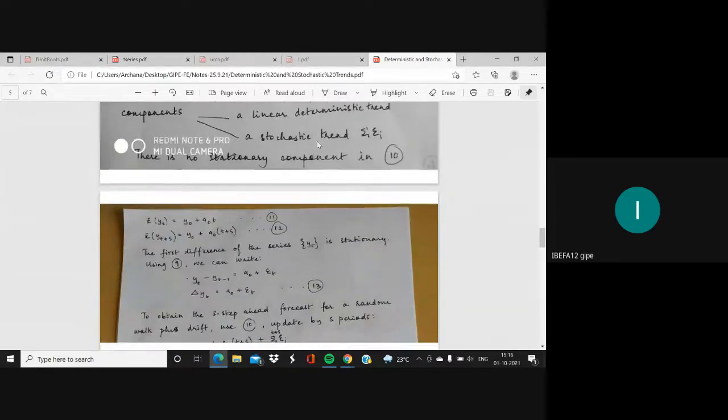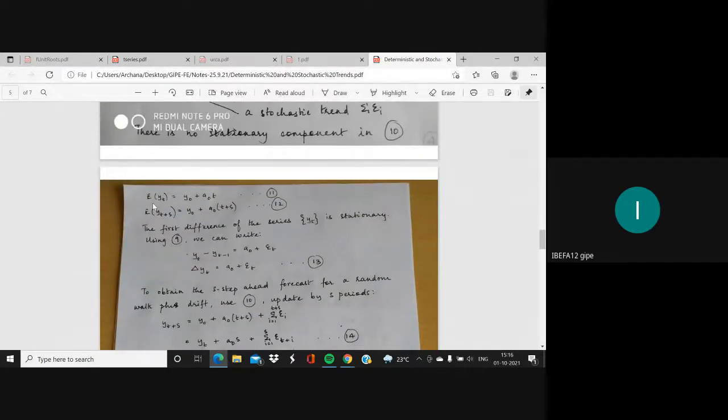So if you look at the mean and so on, when we look for the properties of a stationary time series, if you take expectation of yt, it will be equal to this equation 11. Now expectation of yt plus s will be equal to y naught plus a naught into t plus s.